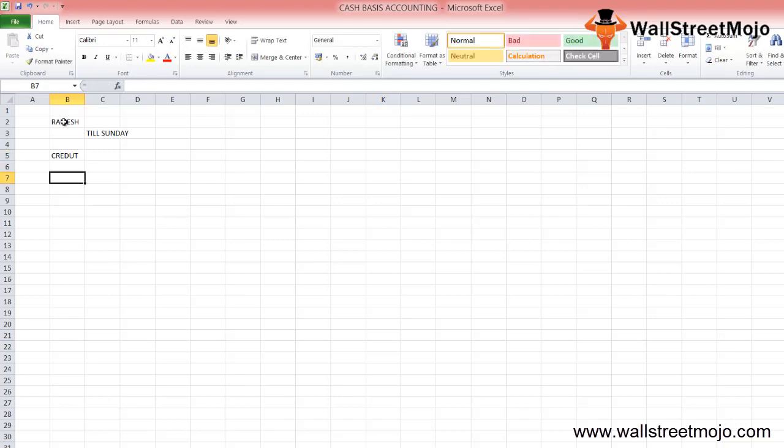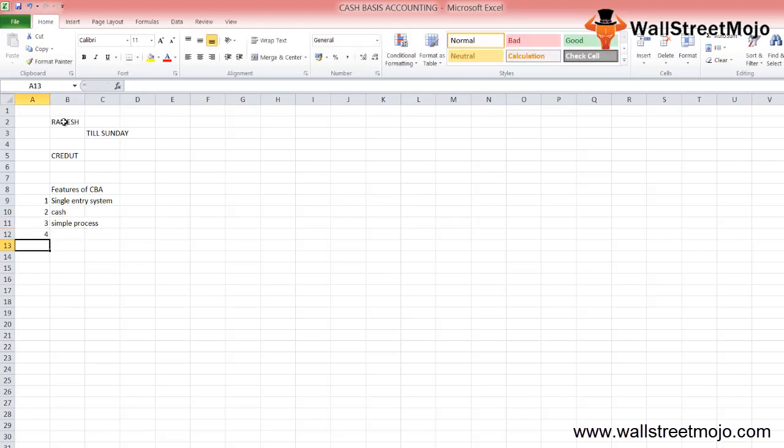Now, let's understand some of the features of cash basis accounting. First, it follows a single entry system. Second, it records only the cash payments, that is the cash received and the cash expended. Third, and the most important thing, it is basically a very simple process.